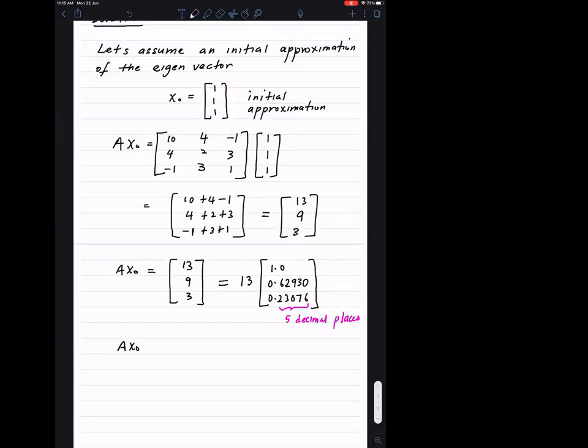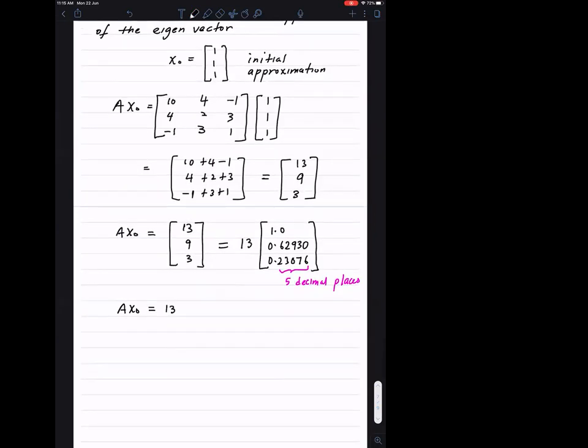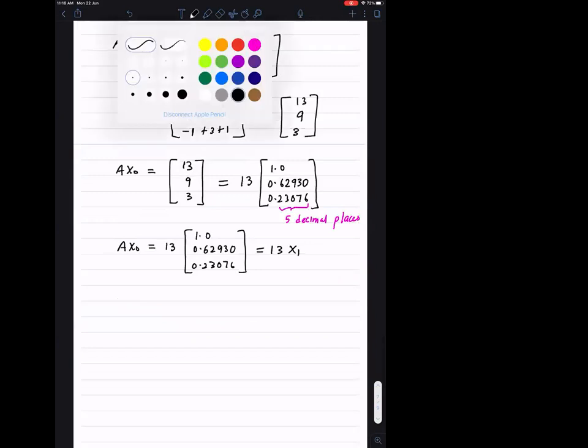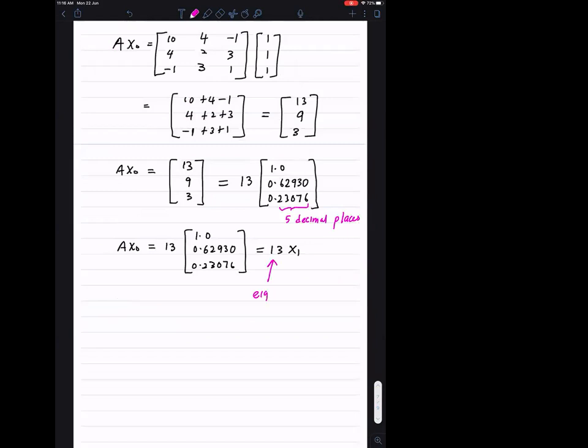So therefore, A X naught is 13 multiplied by 1.0, which you can call 13 x1. So for now, this is the eigenvalue, but this is not the correct value.